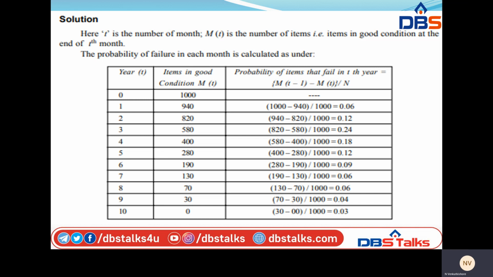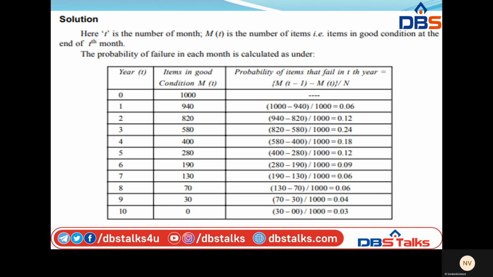Here we are calculating only the probability of failure. For the 0th year, no failure, so 1000 parts are in working condition. For the first year, only 940, so originally they gave 1000 minus 940, divided by 1000.